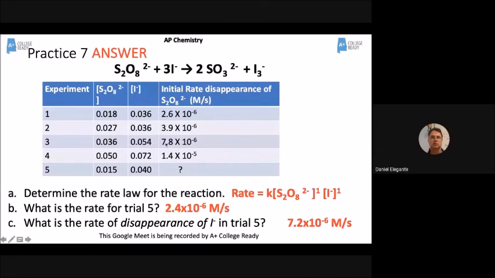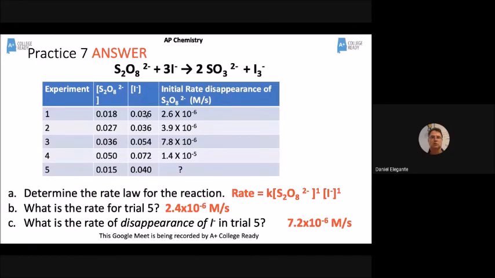To find the I minus, we want to find a place where we can look at and try to solve it. But notice there is no place where I minus is changing while S2O8 stays the same. But we already know the exponent is a 1. So we can do this. The 0.036 compared to the 0.018, we know the power of that is 1. 0.054 compared to 0.036.